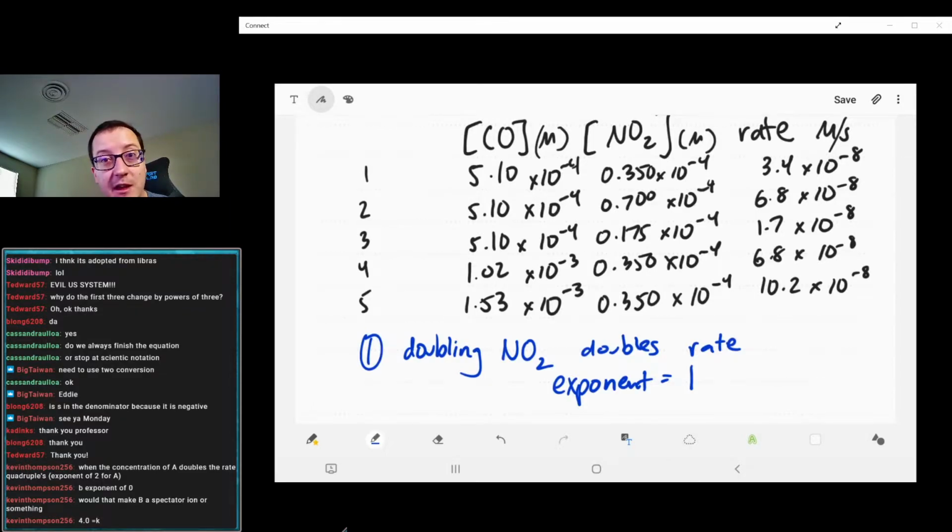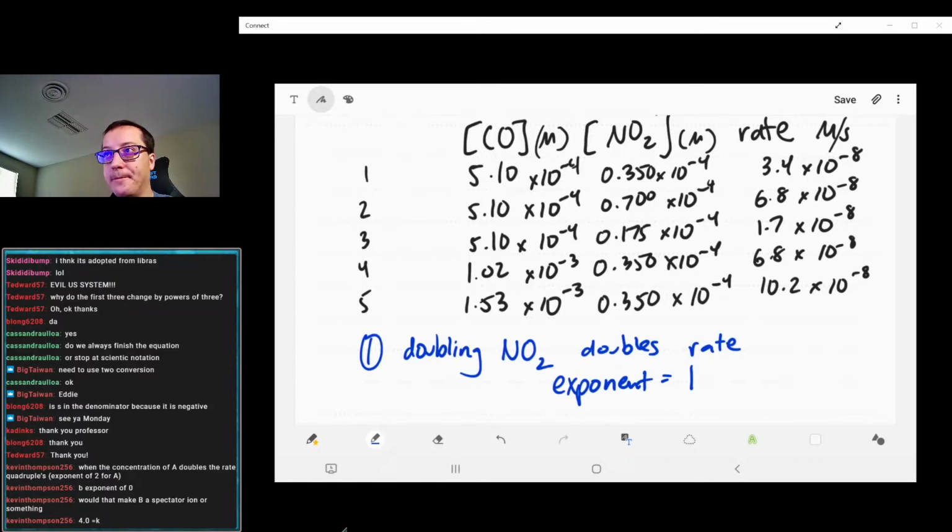Remember, we're squaring it. In this case, we're raising 2 to the first power. So it'll be the same thing. If we were to double it and we saw 8 times the rate, we would expect that to have an exponent of 3. Right? So because it's just doing the same thing, the exponent is going to be 1 there.